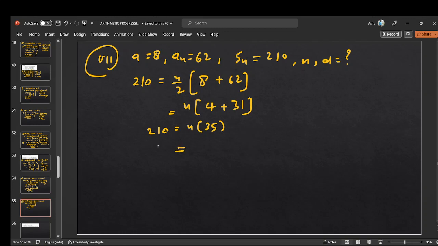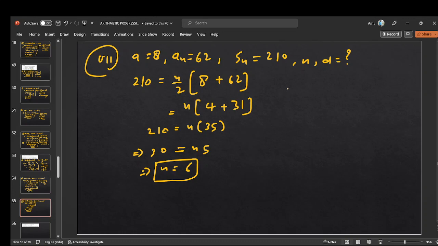If we divide by 7, we get 30. 7 3s are 21 and n into 7 5s are 35. Then n will be 6. 5 6s are 30. We got the n.